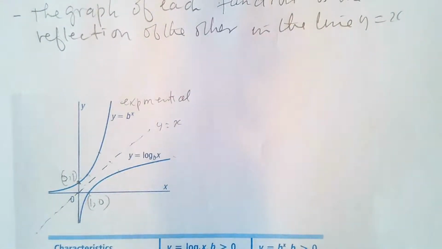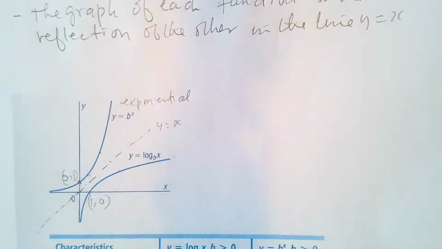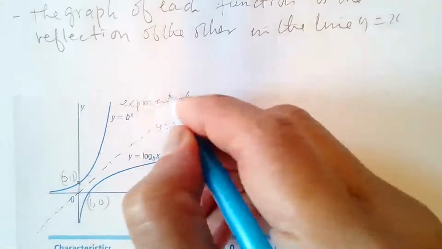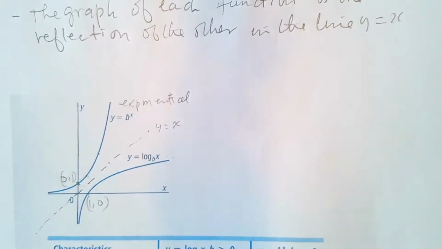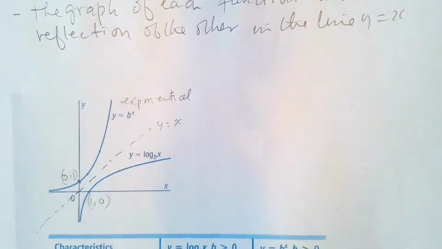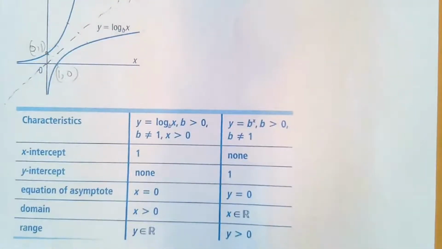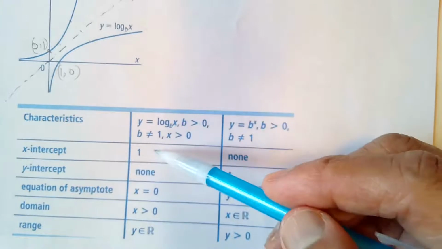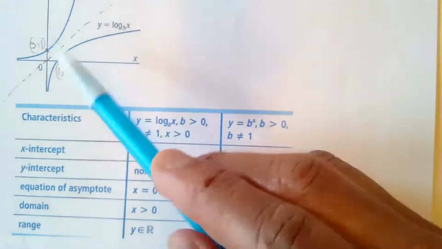So that's why we can conclude that they are inverses of each other. So the exponential function is the inverse of the log function. And we know from the characteristics before, the log function's x-intercept is at 1.